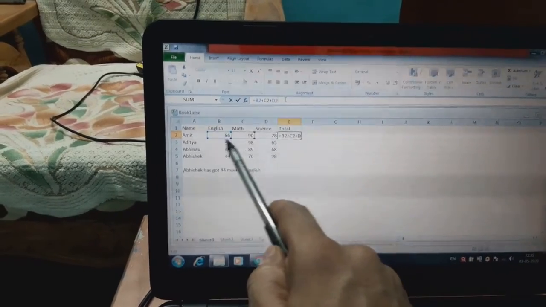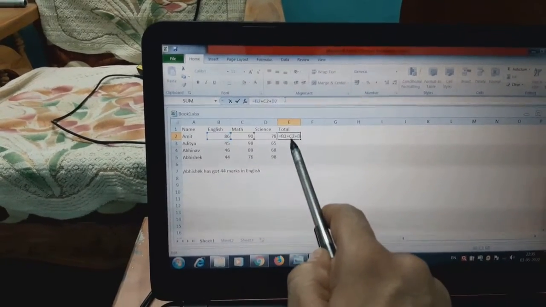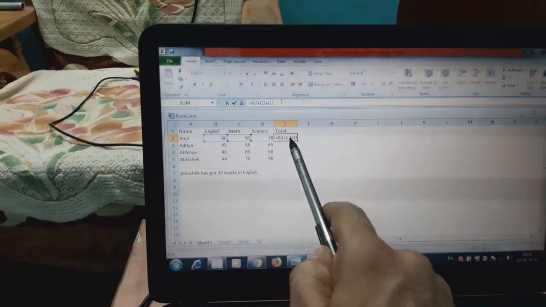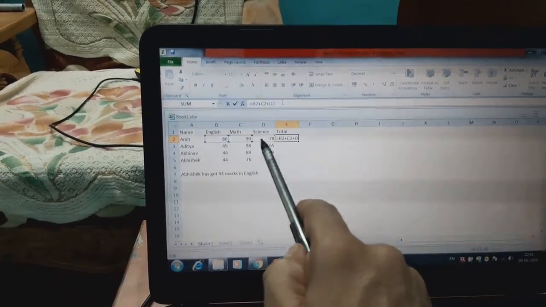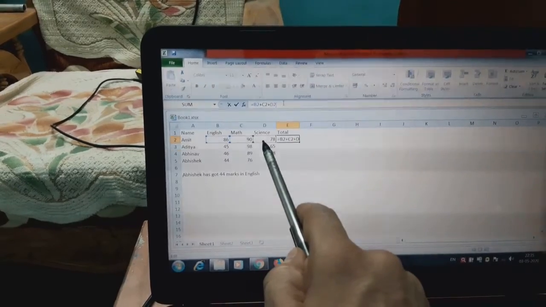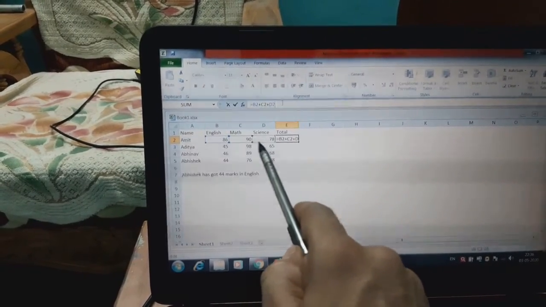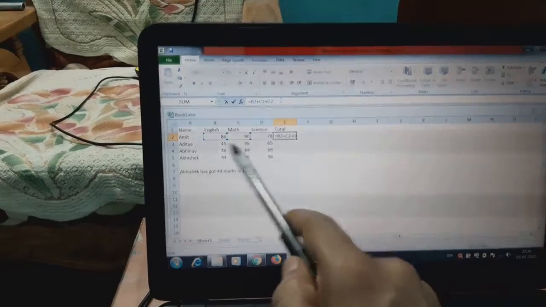All the three numbers will be calculated in this cell, in the cell E2. Okay, that's why the cell reference in this case is B2, C2 and D2. All the three cells are known as cell reference in this case.